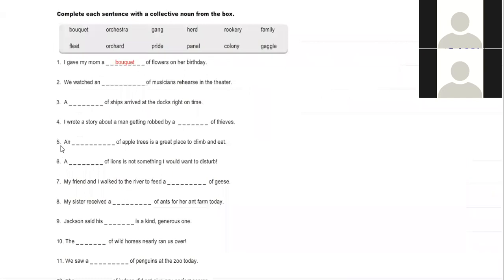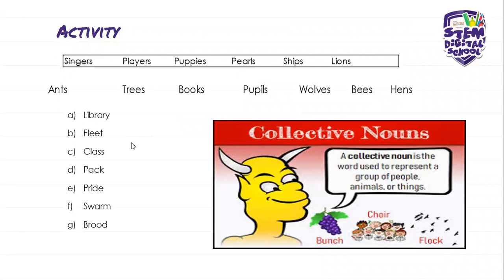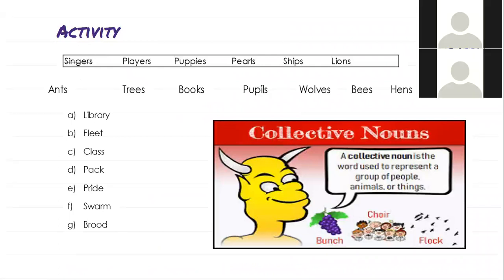Now, we have to choose which ones match a collective noun. Remember what we said a collective noun is? It is a word used to represent a group of people, animals, or things. Now, first answer for the library.